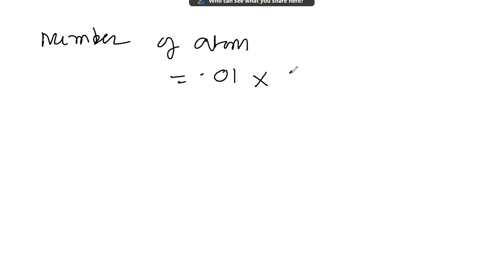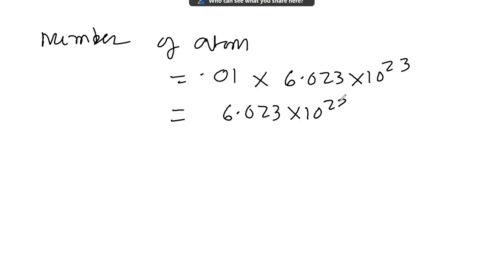So number of atoms will be 0.01 into Avogadro number. Avogadro number is 6.023 into 10 to the power 23, so it will be 6.023 into 10 to the power 21. This is the number of magnesium atoms present in 1 gram of the compound which contains 24% magnesium. So the first question is clear.